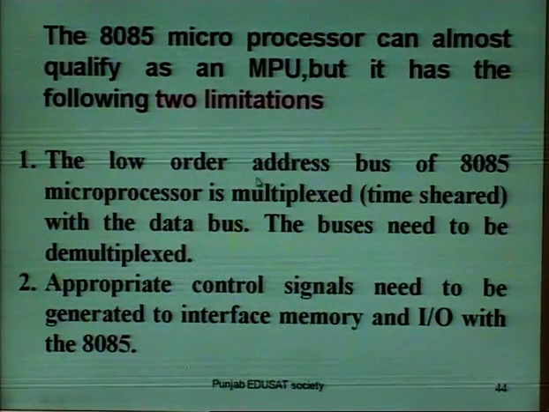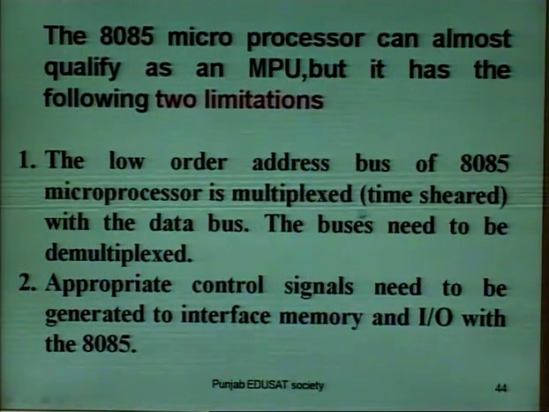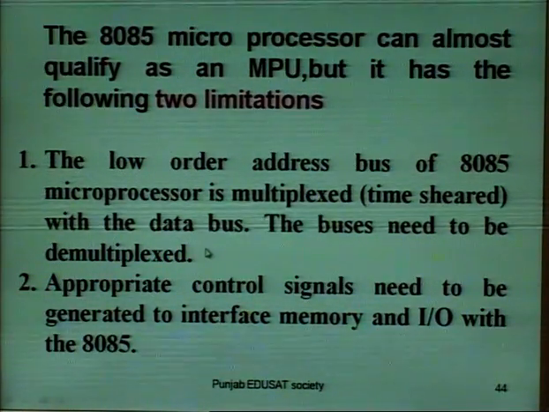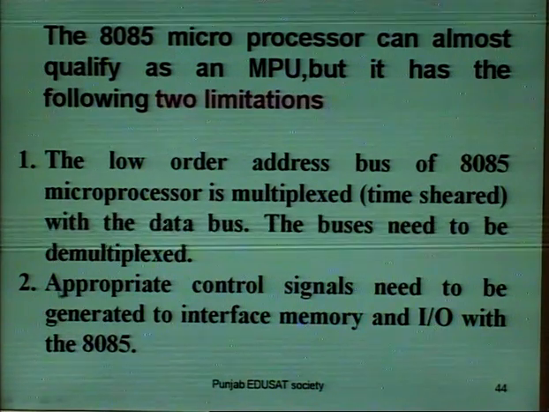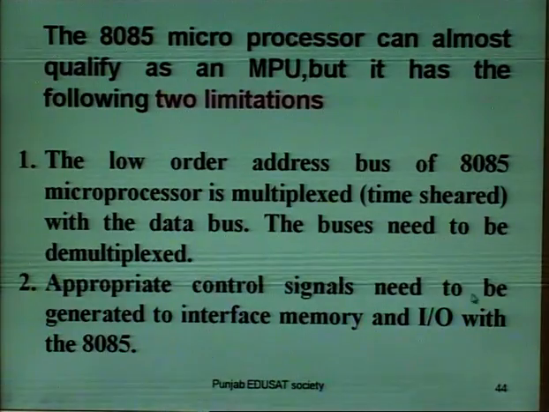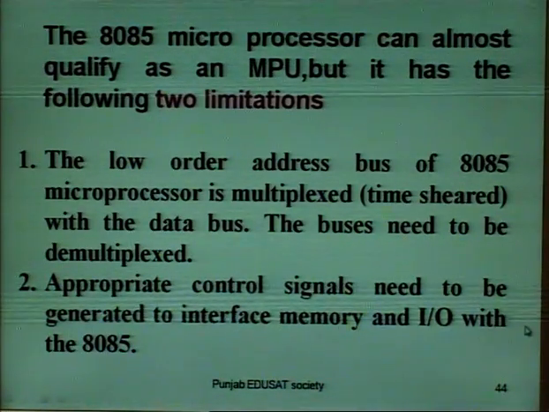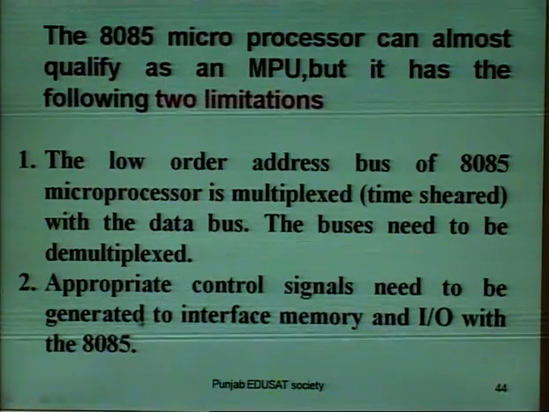The low order address bus of the 8085 microprocessor is multiplexed, time shared with the data bus. The buses need to be demultiplexed. Appropriate control signals need to be generated to interface memory and input output with 8085.